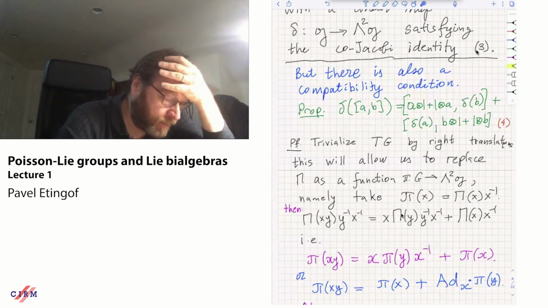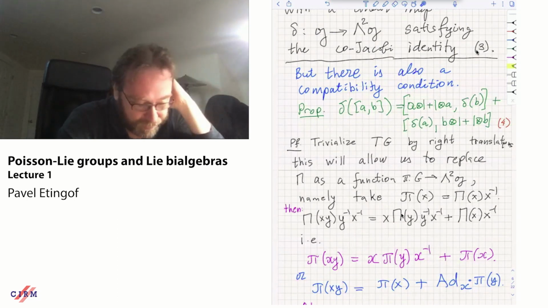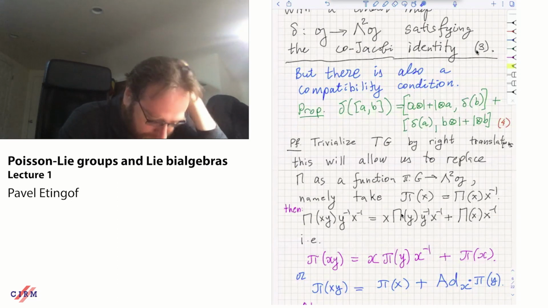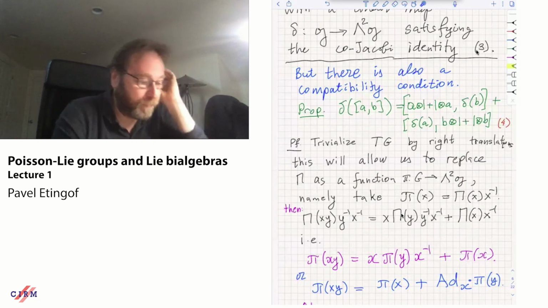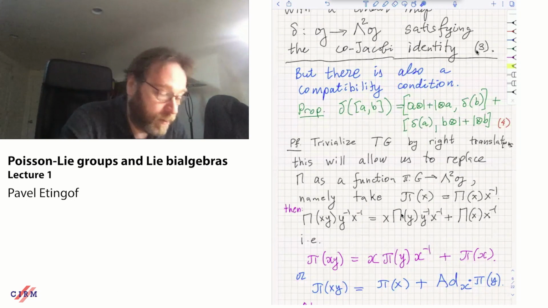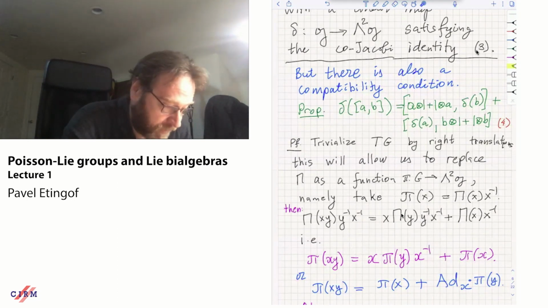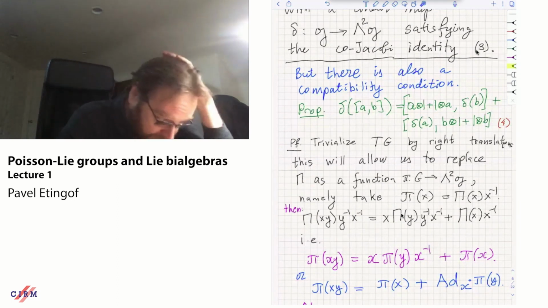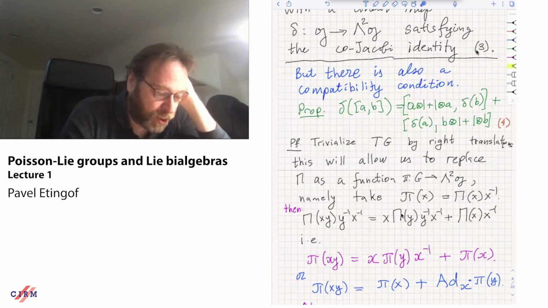So basically, this is obtained by differentiating the condition that the Poisson bivector is preserved by group multiplication. Namely, it's convenient to trivialize the tangent bundle on the group by right translations. And that allows us to replace this Poisson bivector pi, which is a section of some vector bundle, by simply a function from G to wedge 2 of the Lie algebra.